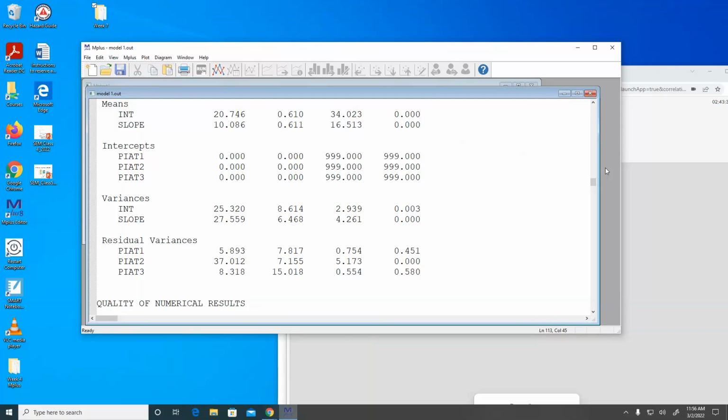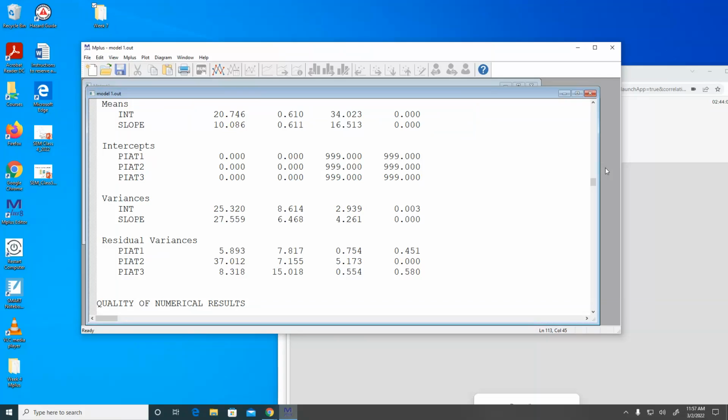But I would expect 68% of kids' scores to be plus or minus, let's just call this the square root of 25, right? We're pretty close. Square root of 25 is 5, right? So on average, kids start out at about 20.75. About 68% of kids should be between 15.75 and 25.75, right? So that's like a 68%.